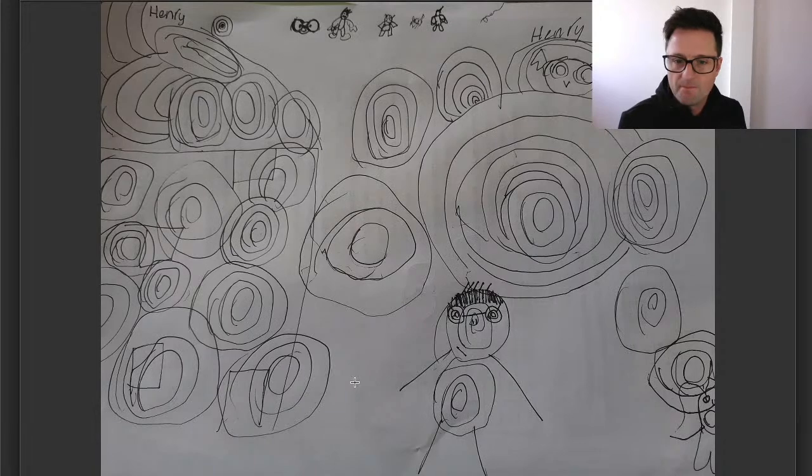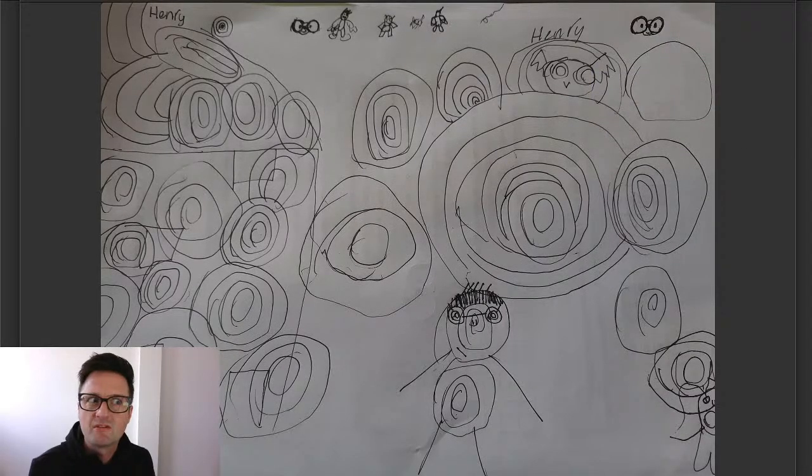Can you see it? What if I move? Maybe now you can see it. It's a hidden owl. Lovely, Henry. Thank you so much for sharing. I bet that's going to look really, really good if you coloured that in with complementary or harmonious colours.